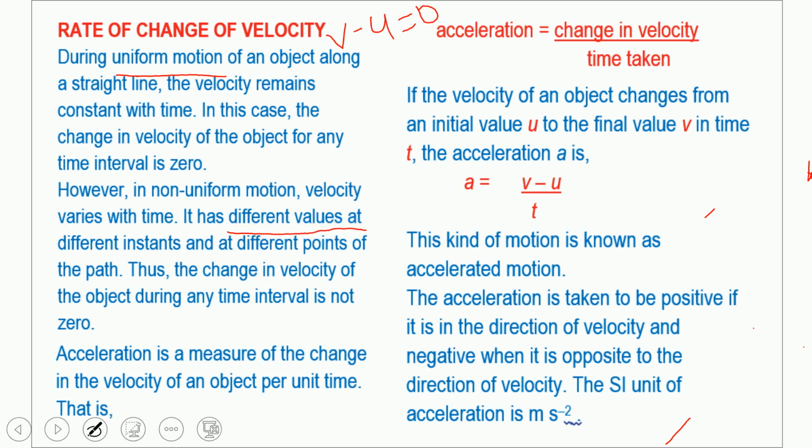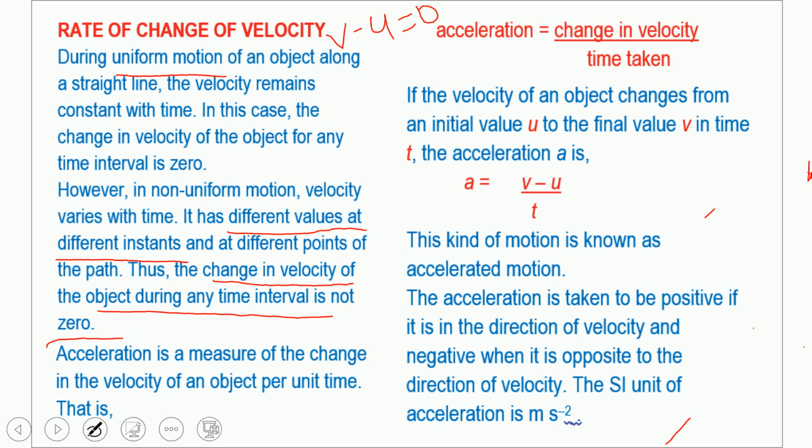Accelerating means a different value at a different instant, that is, time, at a different point on the path. Thus, if the change in velocity of the object during any time interval is not 0, then we will say that it is accelerating. Some acceleration is there.